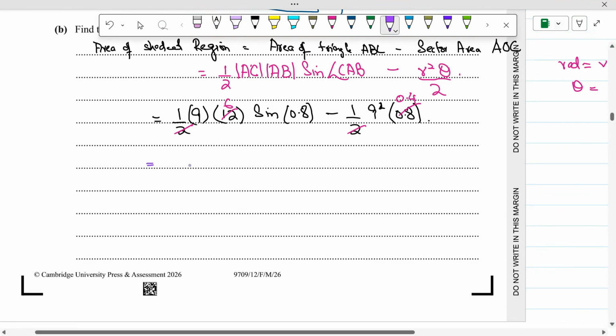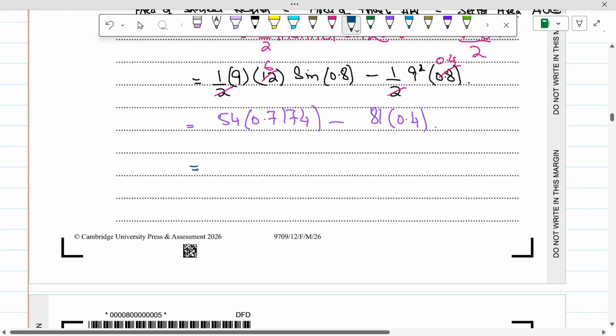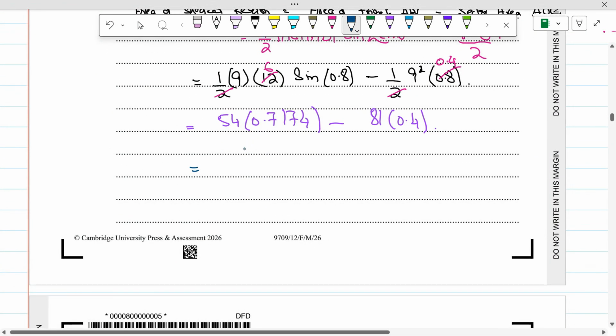So we will have 9 times 6 is 54, times sine of 0.8, which is 0.7174, minus 9 squared, which is 81, times 0.4. So 54 times 0.7174 is equal to 38.74, minus 81 times 0.4, which is 32.4.